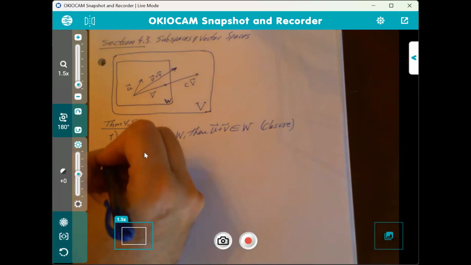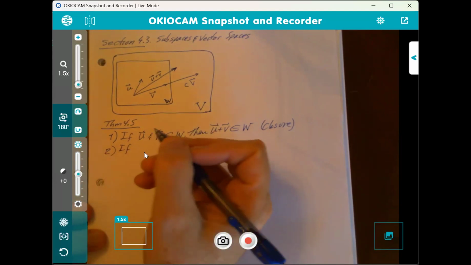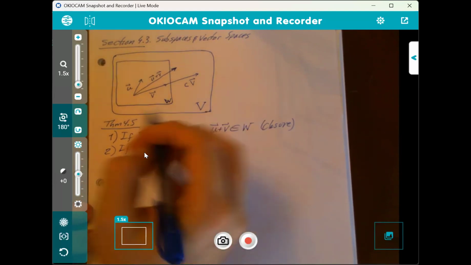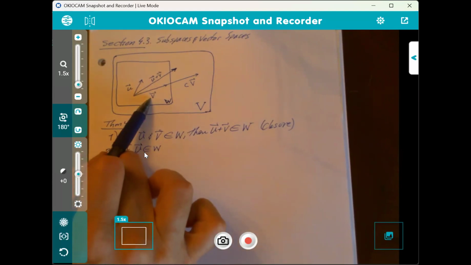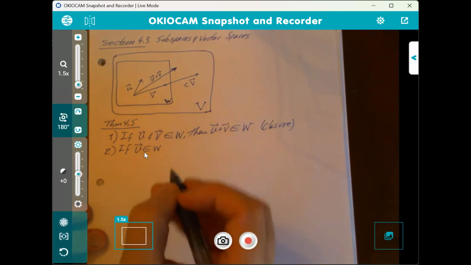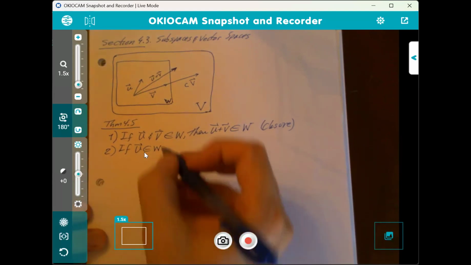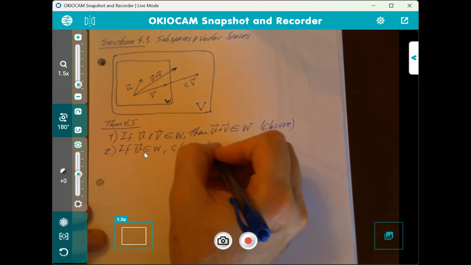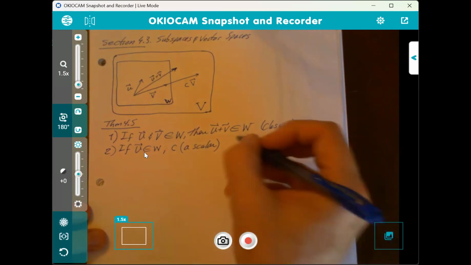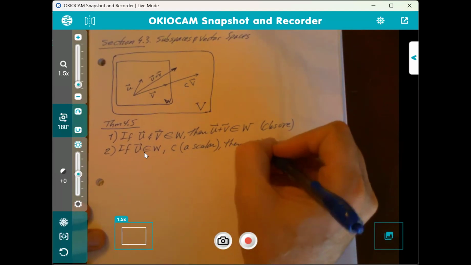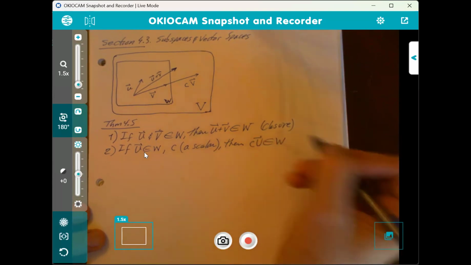And in part two, we say that for a vector U, as long as you have a vector, I'm following the book's theorem, if U is in W, then for C, which is a scalar, the scalar multiple of U is also in W.